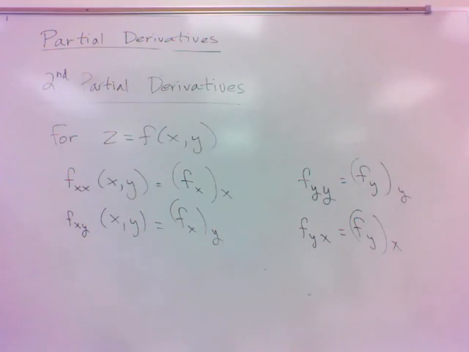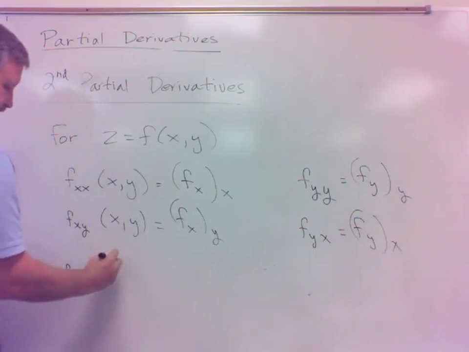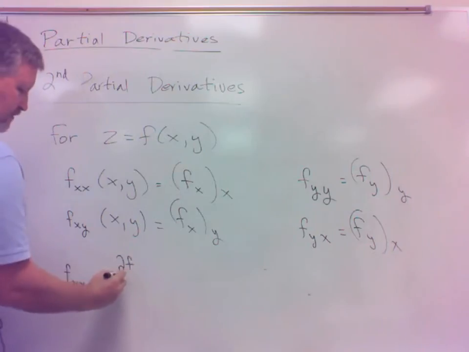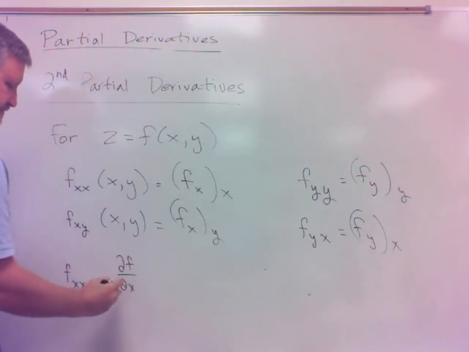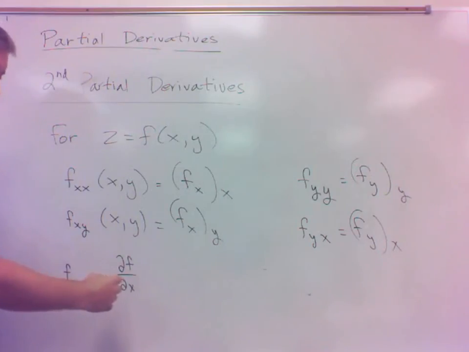But another notation you might see is this. The partial second derivative with partial of both x's there. We can also do it this way. If we use our notation, what we're saying here is we're doing the partial with respect to x of f, partial with respect to x, and then we're doing that again, right?